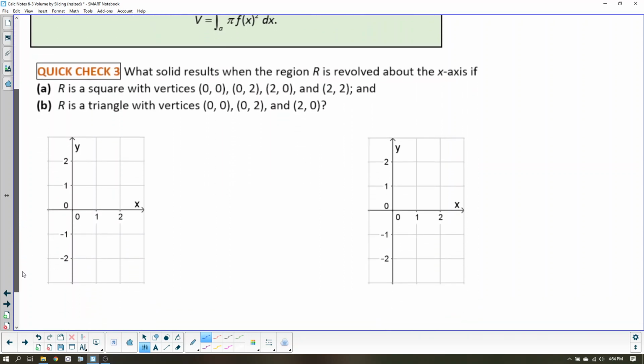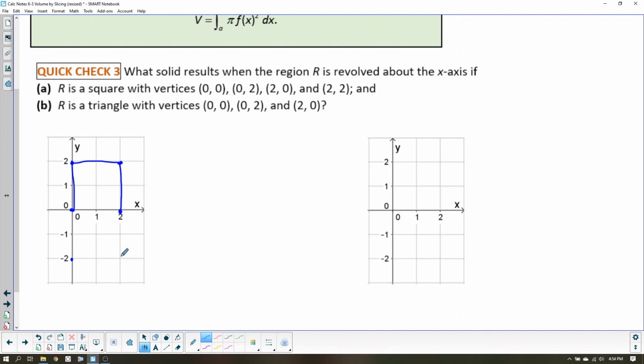So let's try just generating some solids of revolution. Hopefully my drawing skills don't make this horrible, but on this first one we want to try to identify what solid is being created. So let's plot these vertices. We've got (0, 0), (0, 2), (2, 0), and (2, 2). That obviously gives us this square. Imagine if we take that square and rotate it about the x-axis.